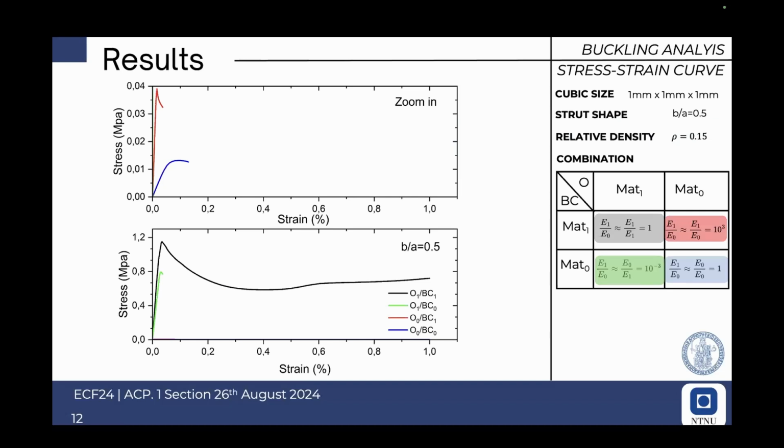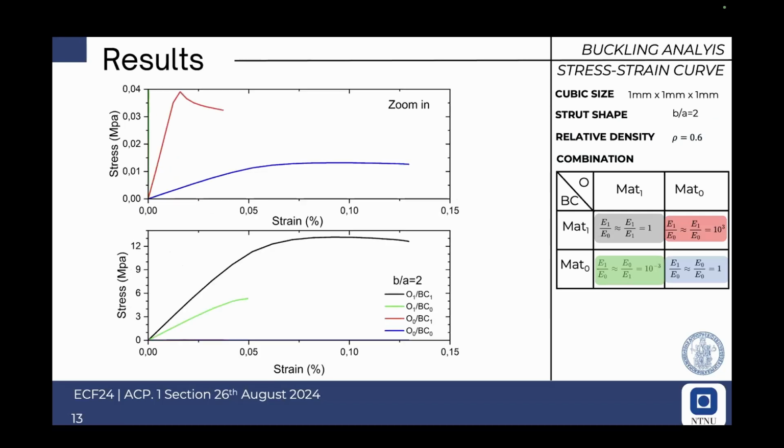In such a case, as an example, if we show the degradation of the cubic, going from material 1, stiff, to material 0, soft, from the red curve to the blue curve, we see that the BCO has overall performed quite well. So we have, in any case, high effective stiffness.